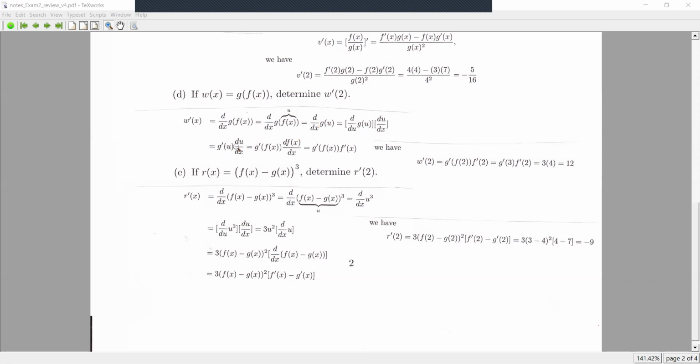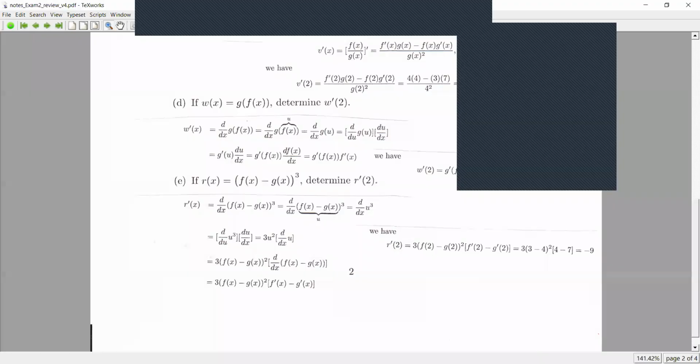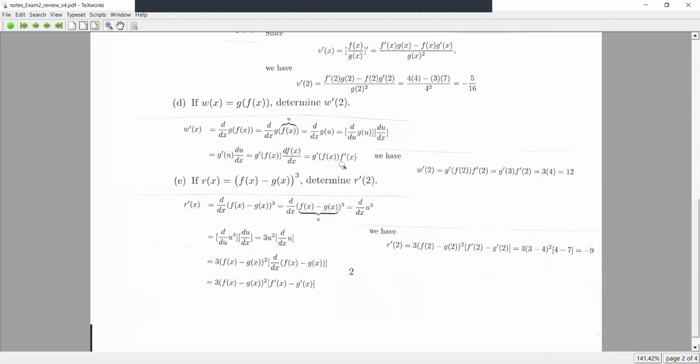Now, delete u by plugging f of x in for u here. Then I have this equation. The derivative of f with respect to x in the prime notation is f prime of x. Now, plug in 2 for x here, then the derivative of w at 2 is this.